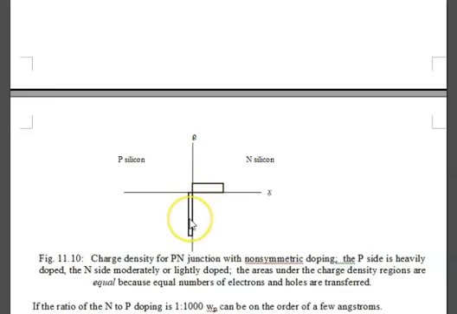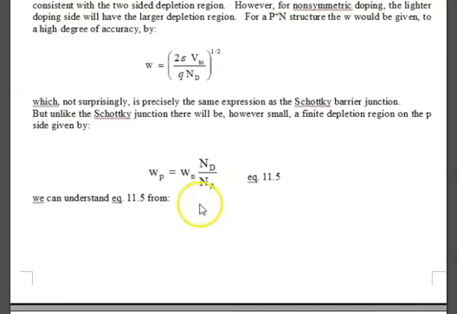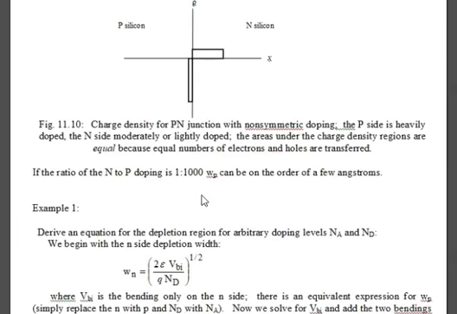For every positive ion on the N side, we have a line of force which ends on a negative ion on the P side. So every line here, which starts from N, ends on P. The total number of charges, which is to say the total areas, are equal, and this equation is basically just a representation of that fact.